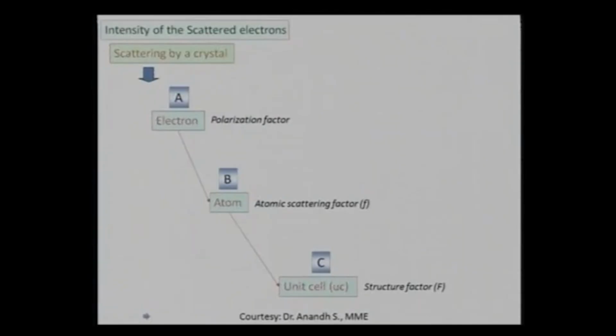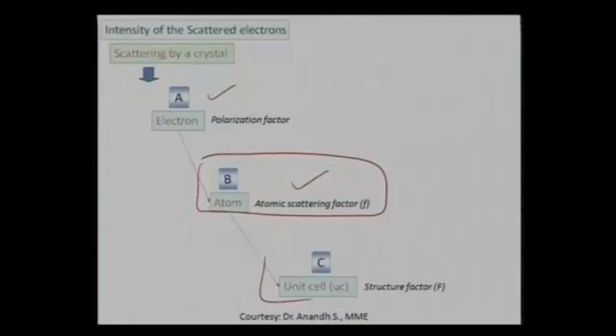And again, there are certain factors of scattering by various electrons, because initially we will have scattering by an individual electron, which brings out the polarization factor. Then I have the whole atom, which consists of many electrons, and it will have something called the atomic scattering factor, which is dependent on the atomic number. All those atoms are then arranged in a particular unit cell in a certain fashion, which results in the unit cell structure factor.